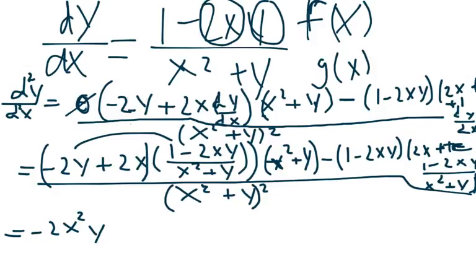So dy over dx was supposed to be with negative 2y plus 2x. So take out this parenthesis and make them together, and you write dy and dx. You don't plug in the value just yet.